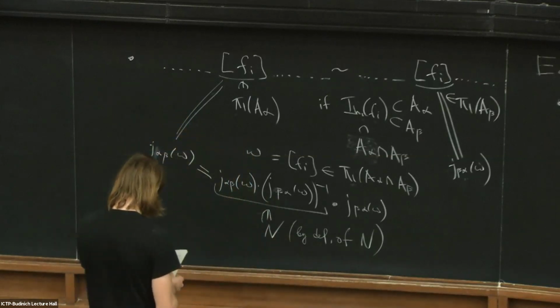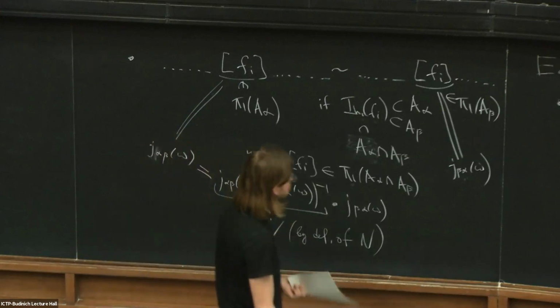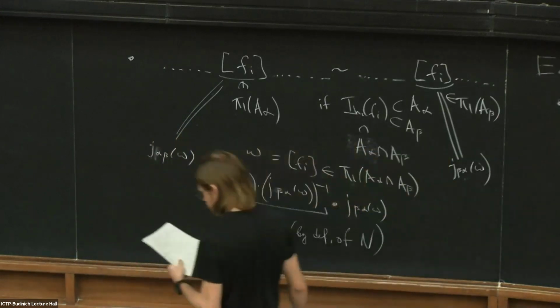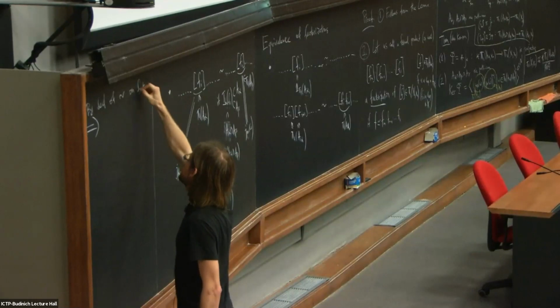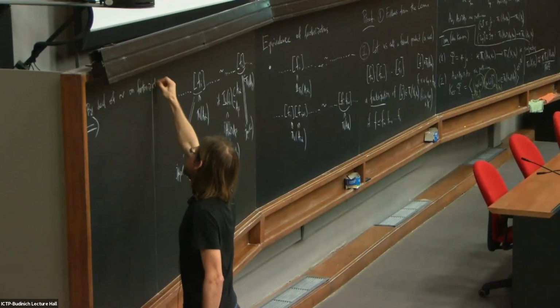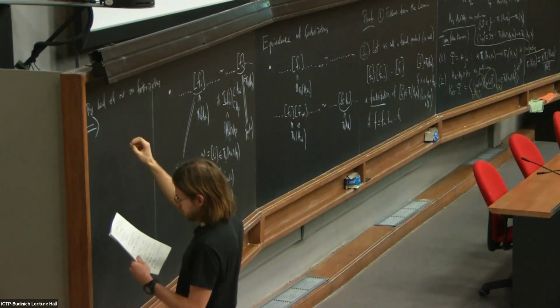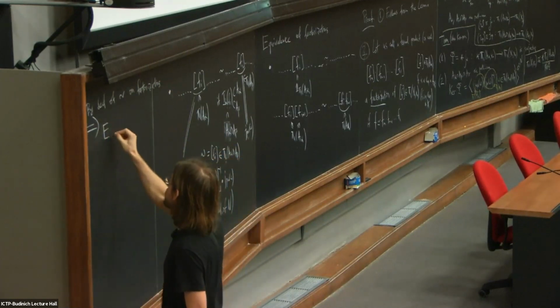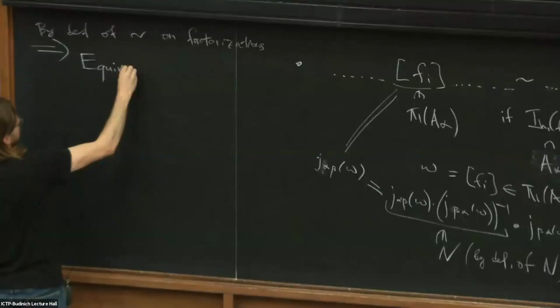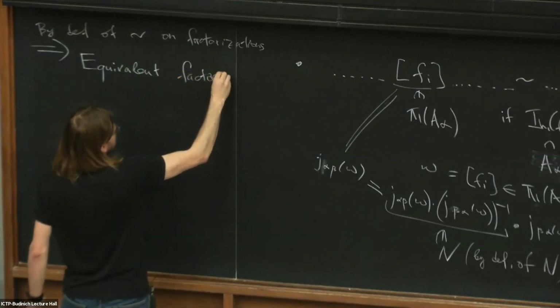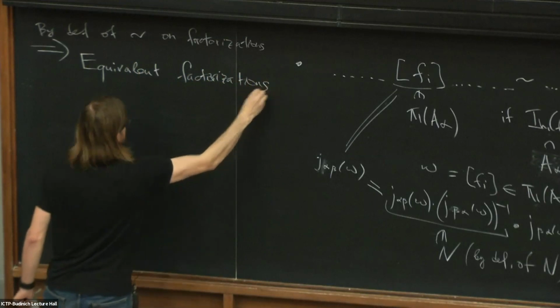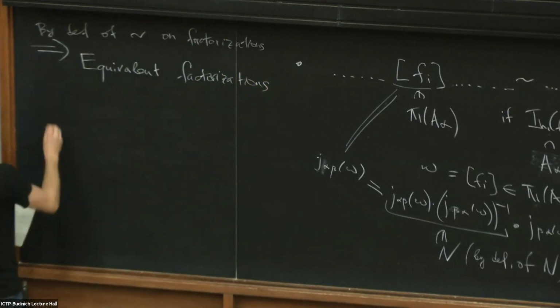But what we already see by construction of our equivalence relation, this just follows by definition of our equivalence relation on factorizations, is that equivalent factorization relations give the same element.